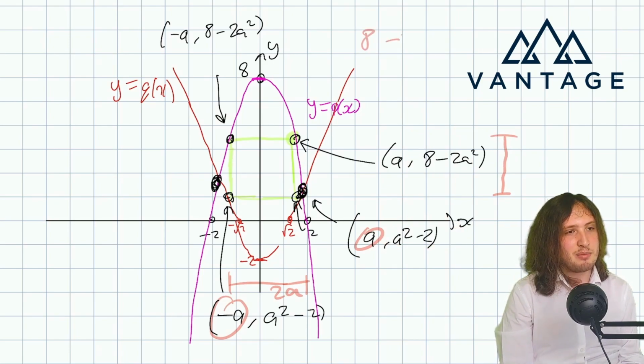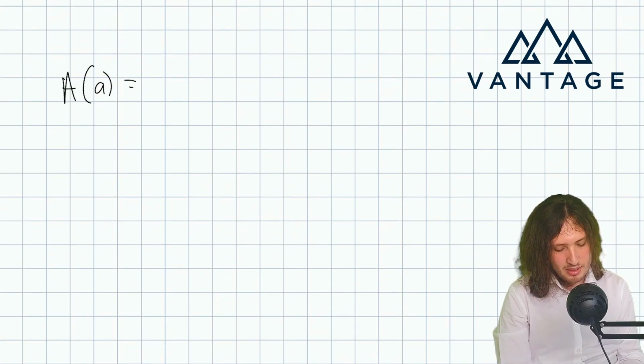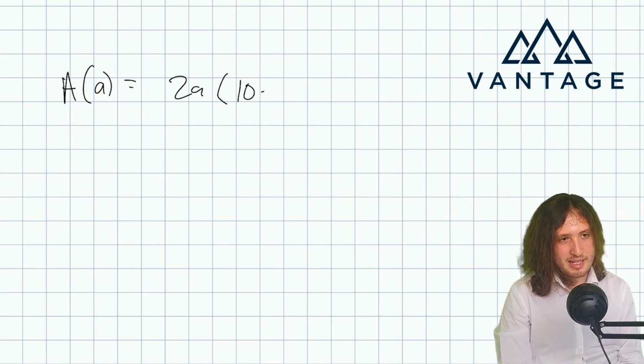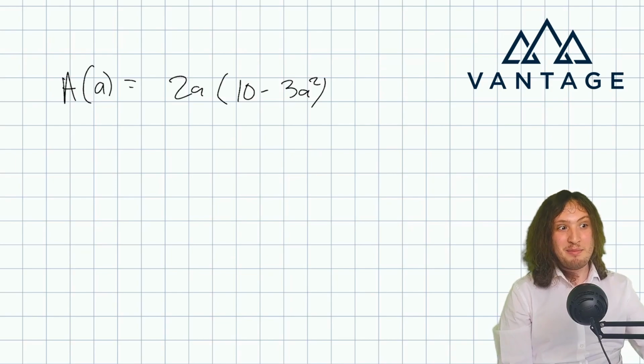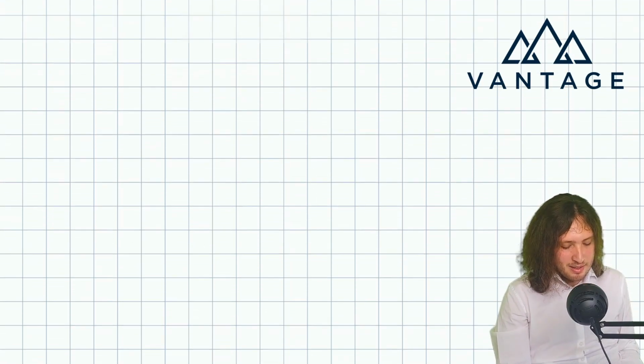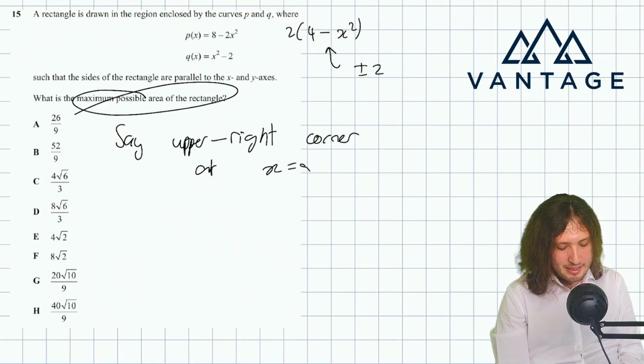So that means my height is going to be the top minus the bottom, which is going to be 10 minus 3a squared. So this is glorious news, because now I know that my area is 2a times 10 minus 3a squared. That's a simple function of A. In fact, it's just a basic cubic, and I can now study when is this thing at its largest.